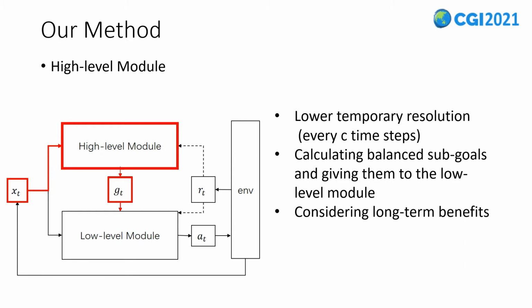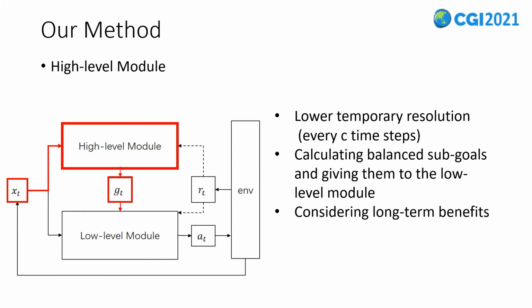First, we introduce the high-level module. The high-level module is at a lower temporal resolution, which means it will give a high-level policy every C time steps. Here C is a hyperparameter. The high-level module is responsible for calculating balanced sub-goals and giving them to the low-level module.